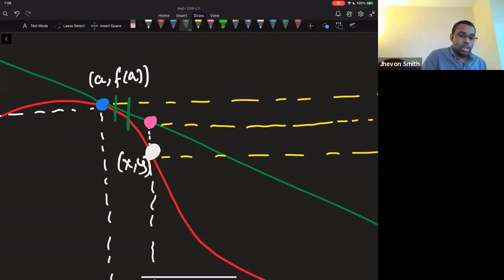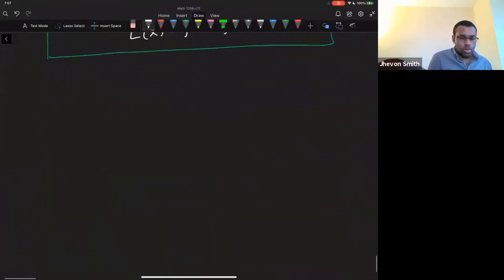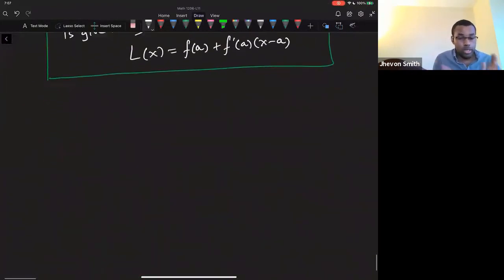You see, like here, the difference between the green line and the blue line isn't all that much. Of course, the farther away you move, that might change. But for now, the closer you get to that point, the better the approximation.